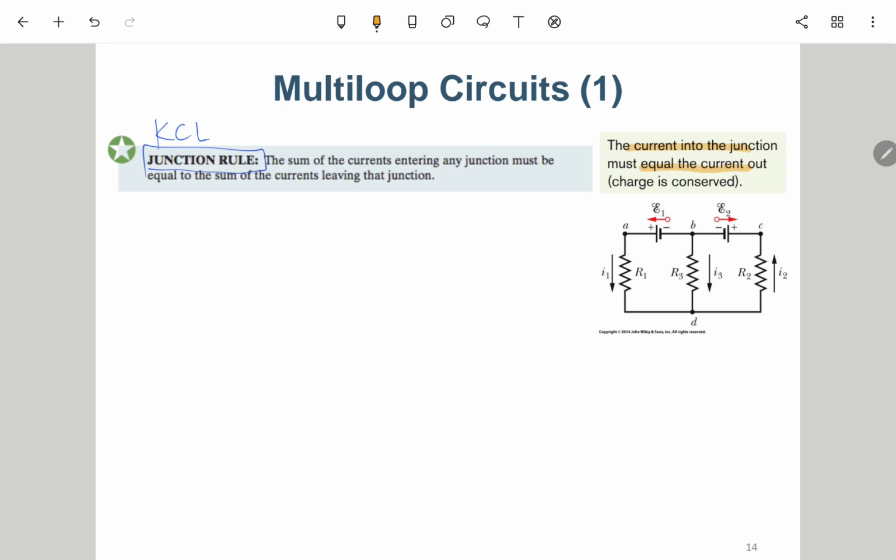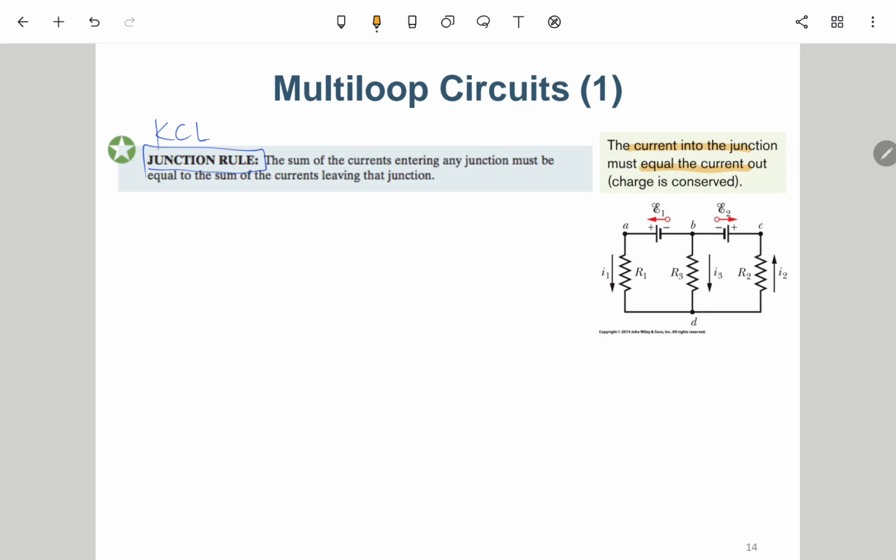Although the KCL reads like this, in my experience, I always try to define all the currents as going in or all the currents as going out, and then the sum will be zero.